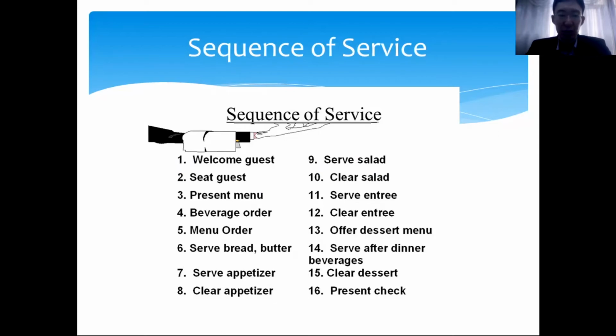So let's talk about several. For example, present menu. Usually when we present a menu, it is a larger one that includes different foods and beverages. A high premium, fine restaurant would not offer, for example, to order dessert at the beginning.